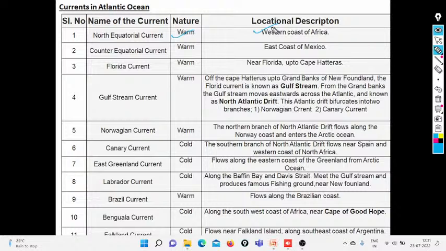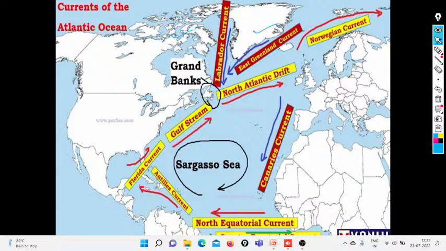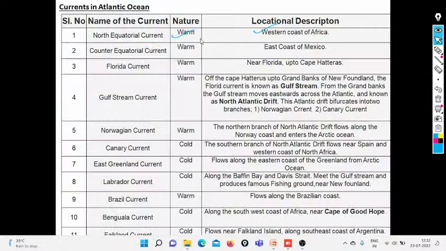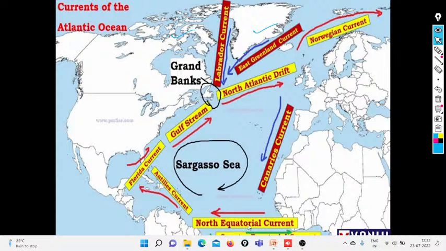Just look at it here. This is the North Equatorial current, a warm current, along the western coast of Africa.